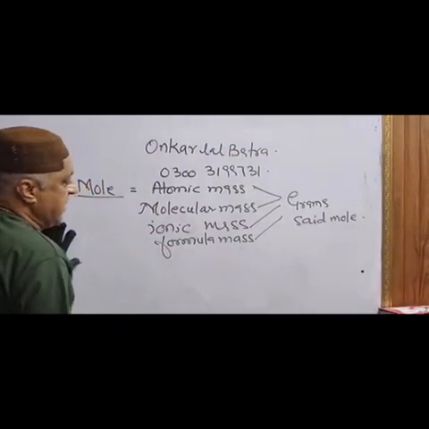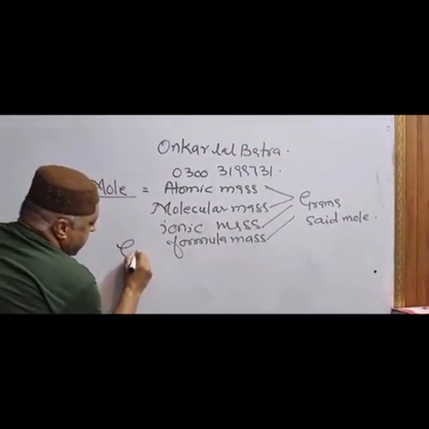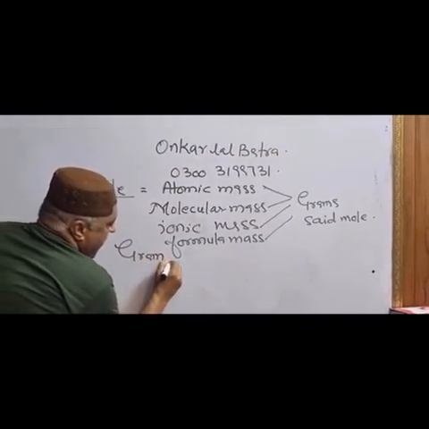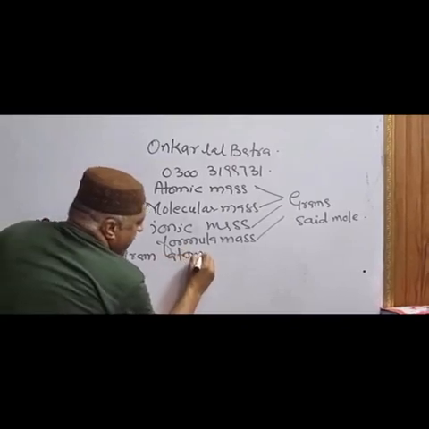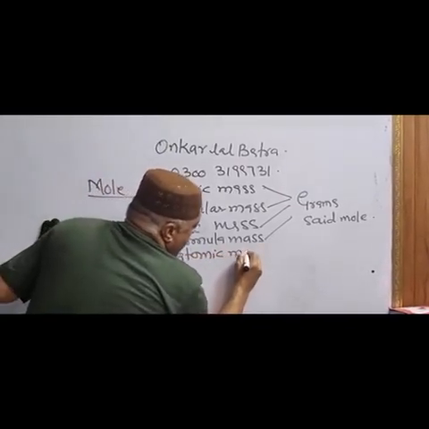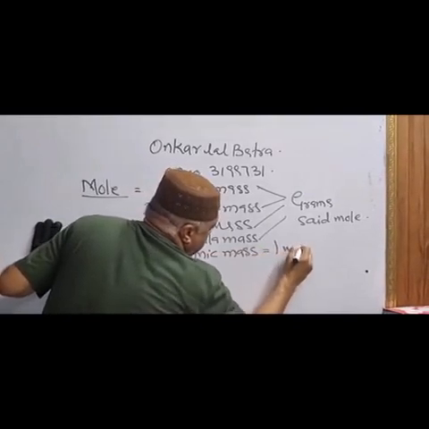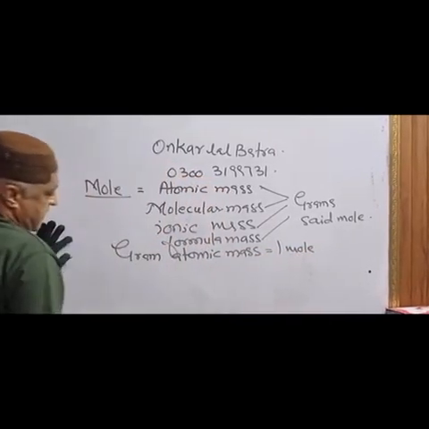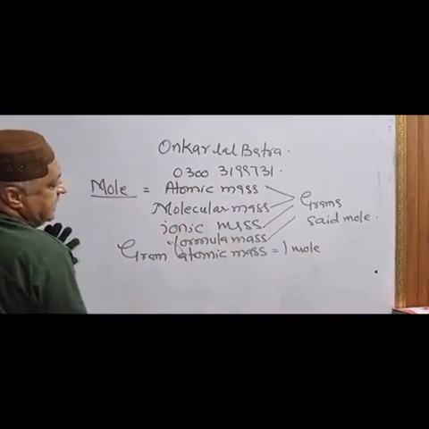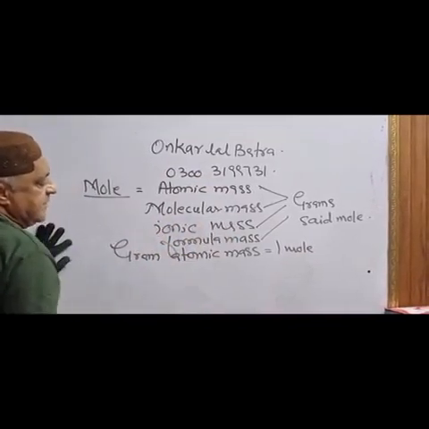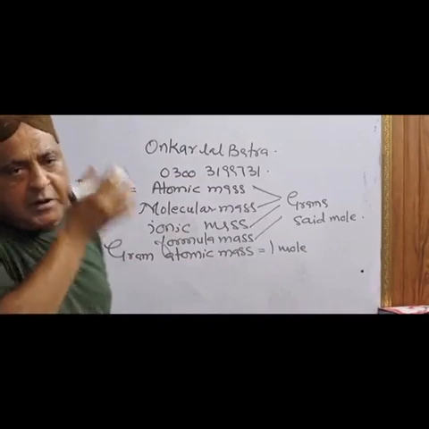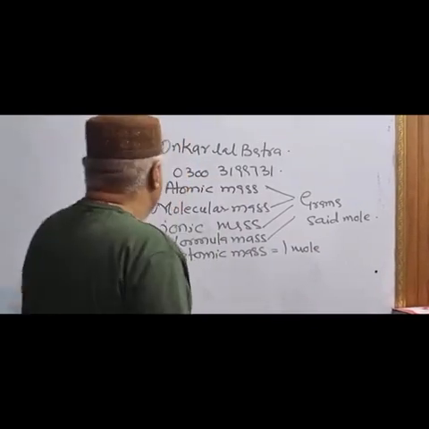In this way we also say that gram atomic mass is 1 mole. Gram molecular mass, gram ionic mass is equal to a mole.